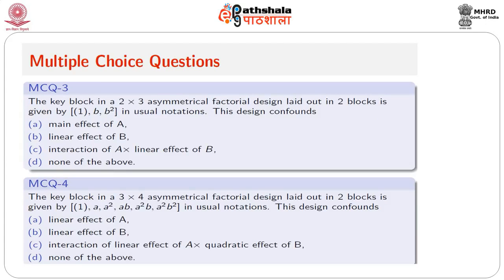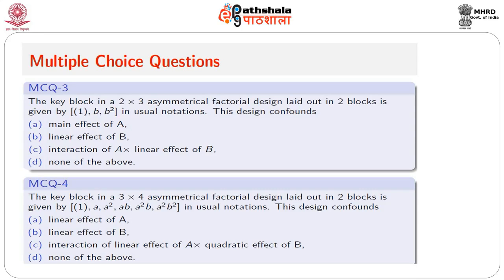So here are 2 more questions. The key block in a 2x3 asymmetrical factorial design laid out in 2 blocks is given by this in usual notations. So the question is, this design confounds main effects of A. These are 4 options. Okay. So 2x3 means 6. If it is laid down in 2 blocks, 3 and 3.